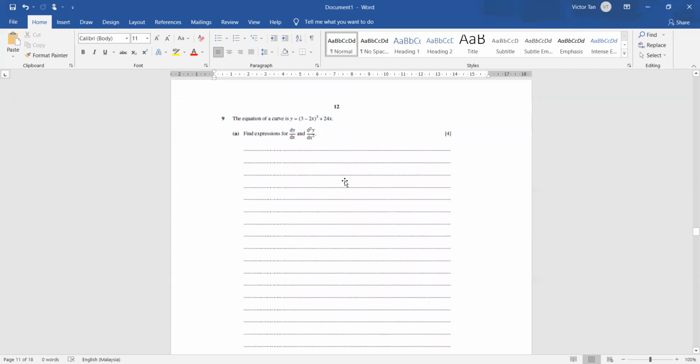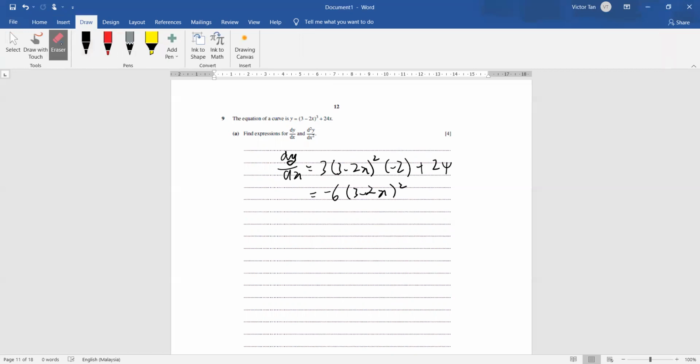Equation of a curve: y equals 3 minus 2x cubed plus 24x. Find the expression for dy/dx. Bring the 3 down, power minus 1. Differentiate 3 minus 2x is minus 2, plus differentiate 24x is 24. So this is minus 6 times 3 minus 2x squared plus 24.